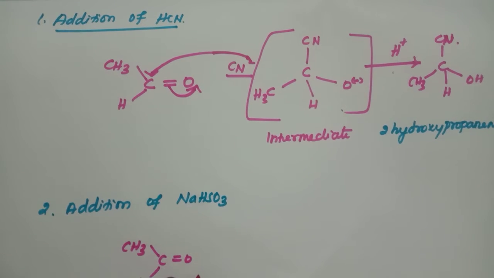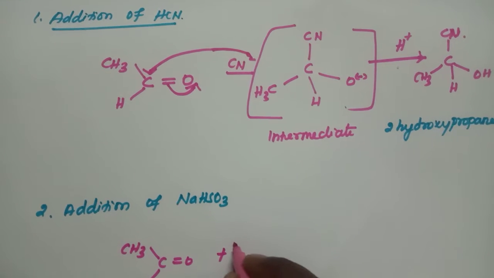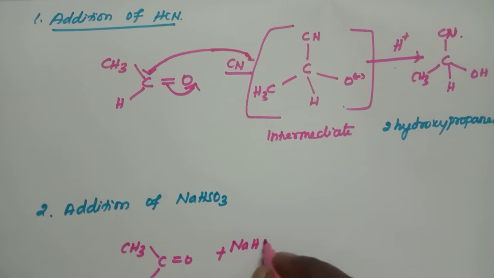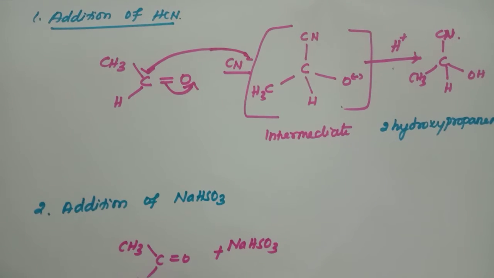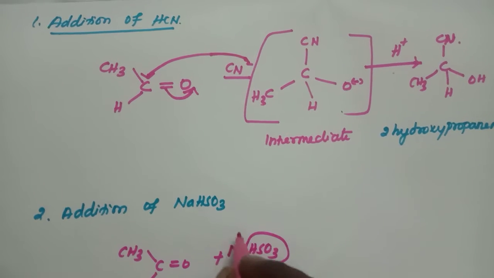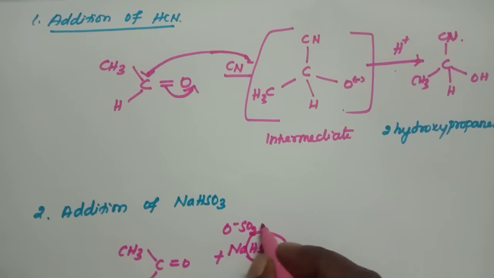When this acetone is treated with NaHSO3, the HSO3 can be written as O minus SO2H.